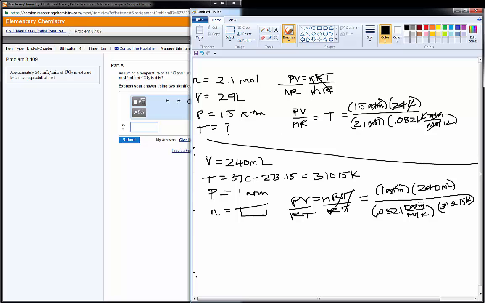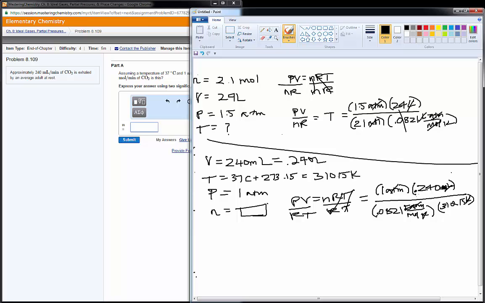Now atmospheres cancel with atmospheres, and milliliters, oh, do not cancel with liters. So in order to make this work, I have to convert milliliters to liters so that they will cancel. So move that decimal point over. This is 0.240 liters. Okay, now liters will cancel.